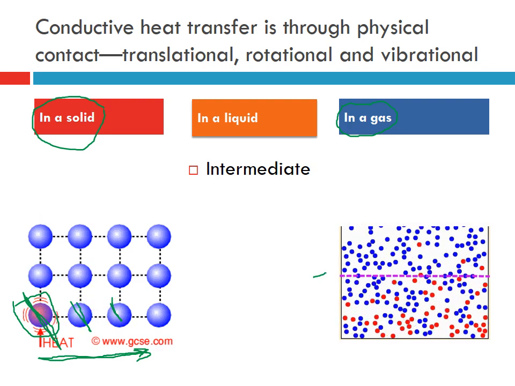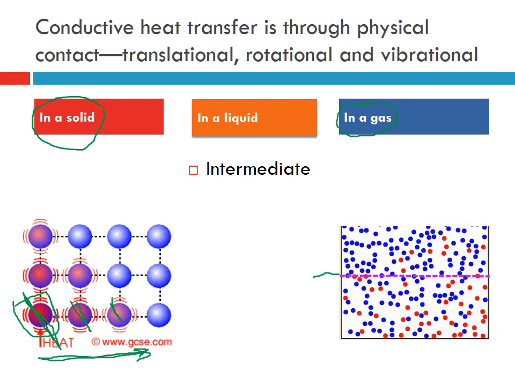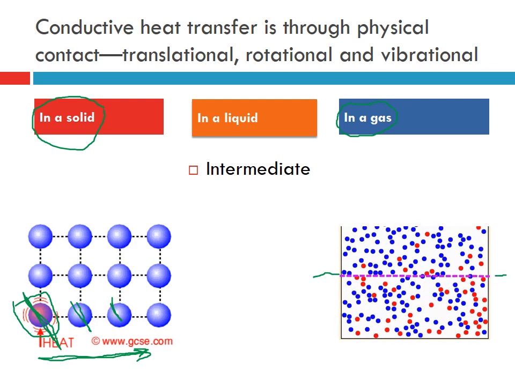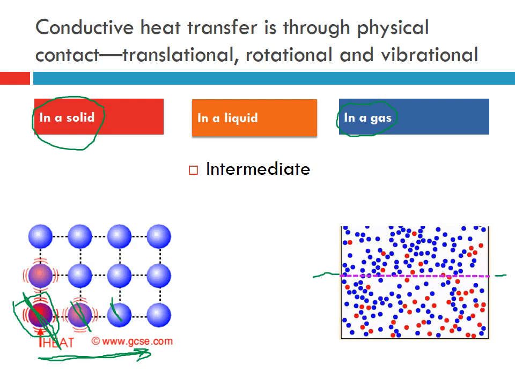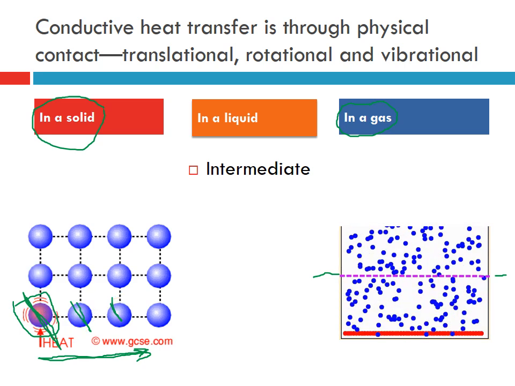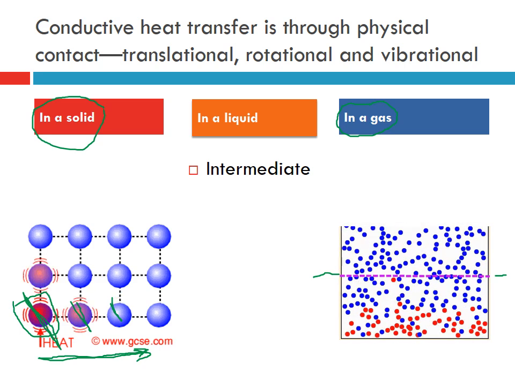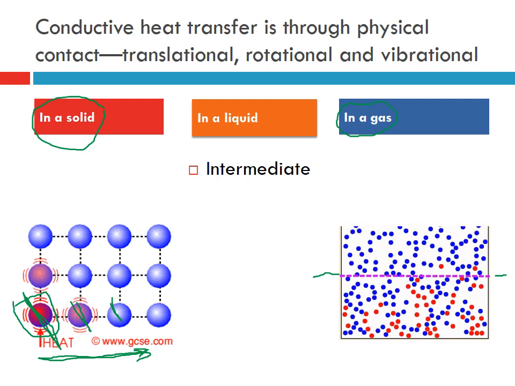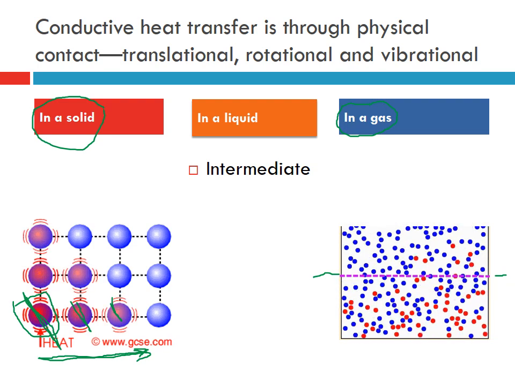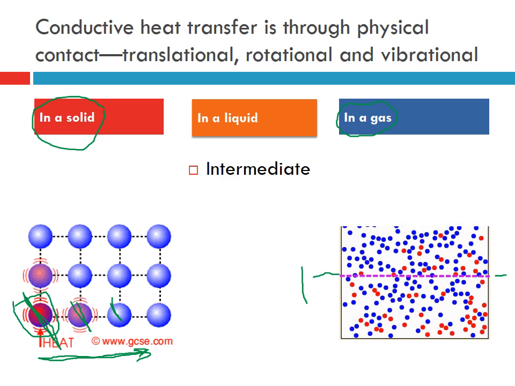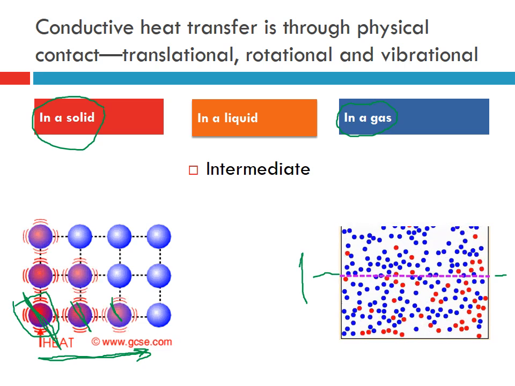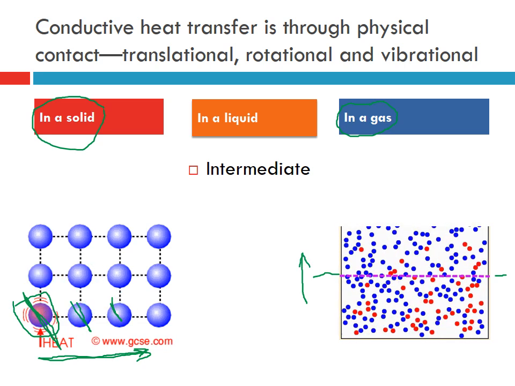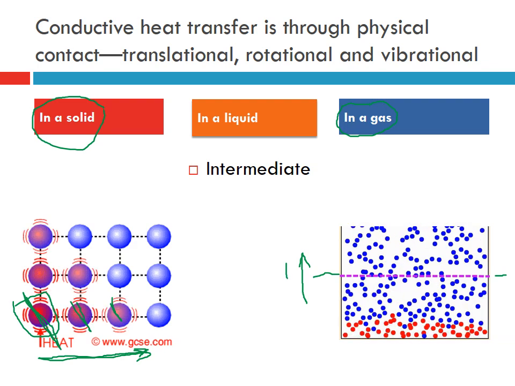Now, if you think of this imaginary line here, and how many of the red molecules are crossing this line, there are more of the red molecules crossing this way than crossing the other way.